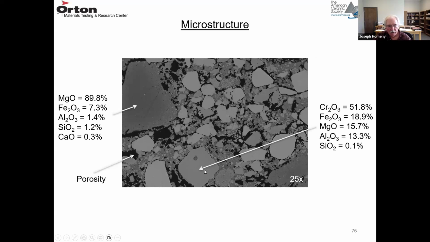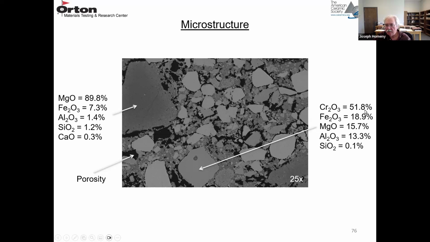And then if you do the chemistry of the different grains, these type of grains, a little bit lighter than the MgO grains, these are the chrome grains. You can see there's quite a few scattered throughout the microstructure.